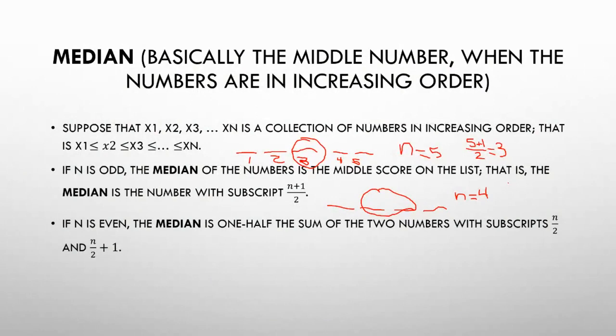One of your middle numbers is n divided by 2, which in this case is 2, so your second number. The other one is n divided by 2, plus 1, so in this case it's my second and my third number. And we just add them together and divide by 2. We will definitely see examples.